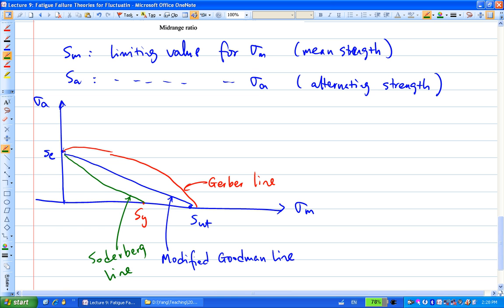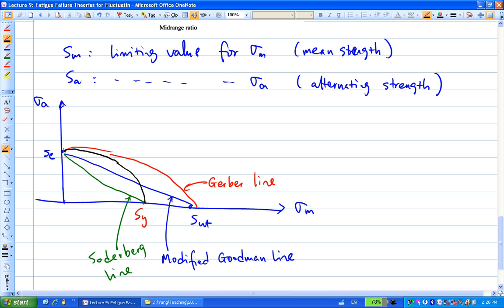Then similarly, another guy said, instead of a straight line, we're going to create a curve from here. If you can think of any other combination, unfortunately, I think I'm running out of combinations now.